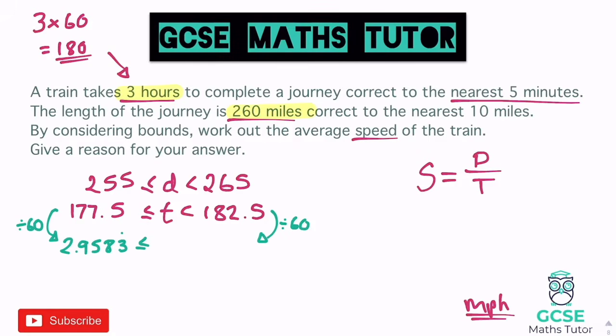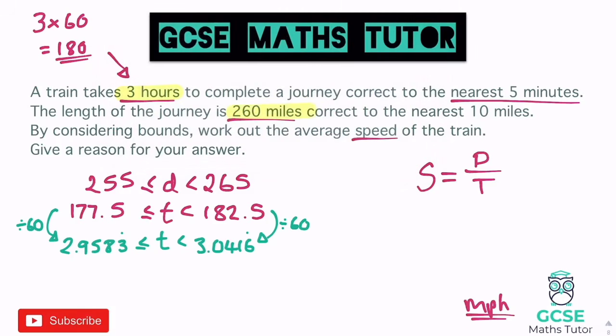But there we go, it's back into hours. And for the one at the end here, 182.5 divided by 60, again doesn't give us the nicest of decimals, it gives us 3.0416 with a recurring 6, there we go. And that is our time back into hours. That'd be okay if we could give our answer in miles per minute, we could just leave it in minutes, but in order to do this we do need our answer back into hours there.